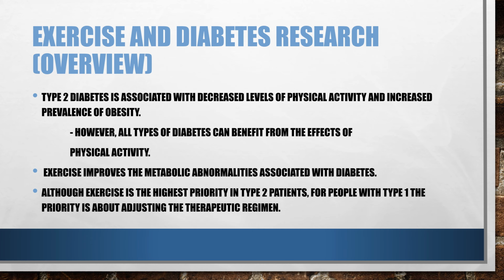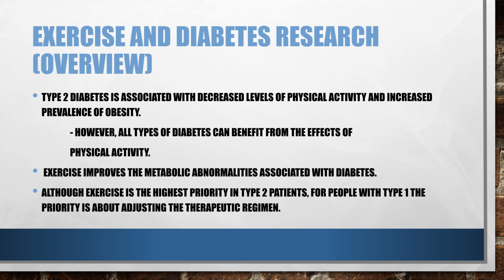And although this is true, all types of diabetes can benefit from the effects of physical activity, even though type 2 may be more susceptible. Type 1, type 2, and gestational all can receive positive health effects of exercise via research.